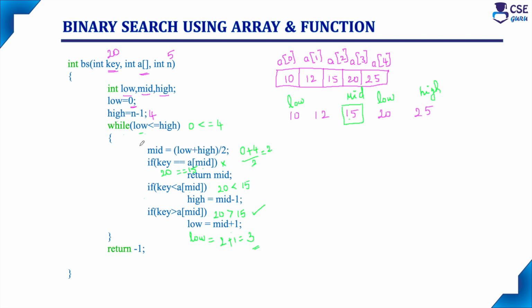So in every iteration, it will divide the array into 2 halves and the search will happen only in 1 half. If the key is lesser than the mid element, the search will happen in the left part of the array. If the key element is greater than the mid element, the search will happen in the right part of the array. So this procedure will happen for every iteration.